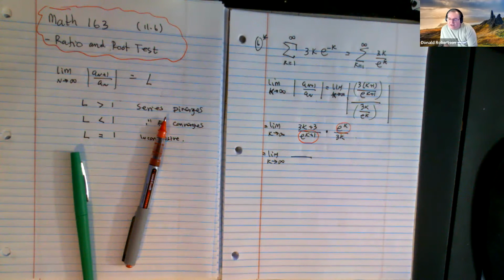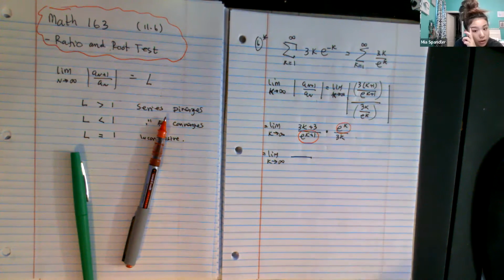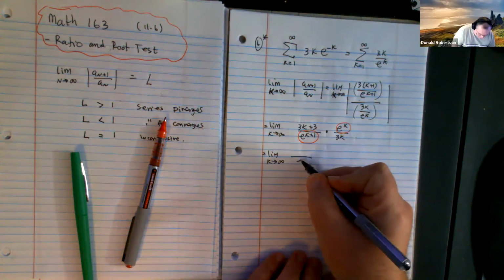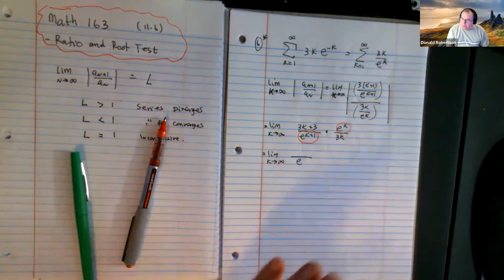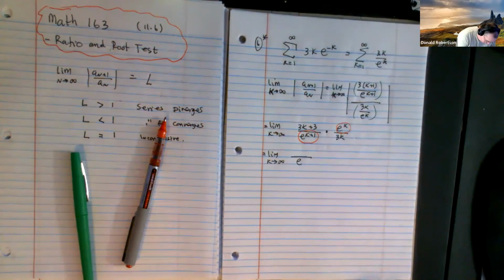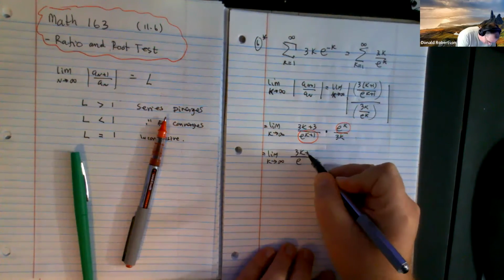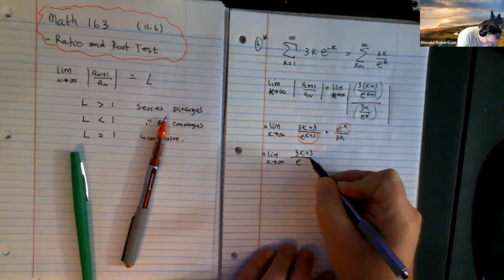So you have an e to the k on the top and an e to the k plus 1 on the bottom. You're cancelling them, right? What's left? You have an e to the 1, which is e, on the bottom. Agreed? Now, on the top, we're still going to have 3k plus 3, and on the bottom, we're still going to have 3k.